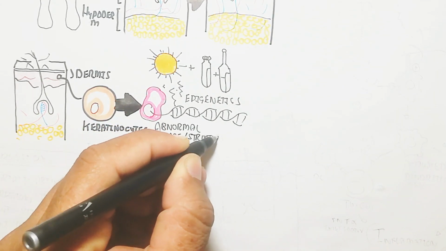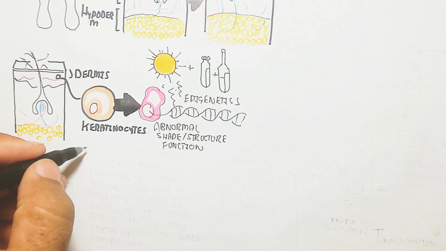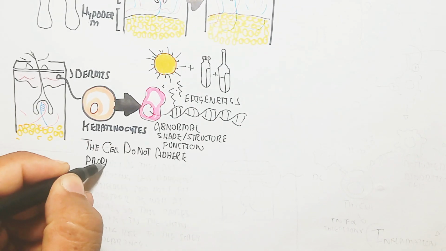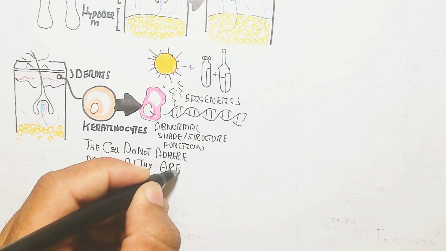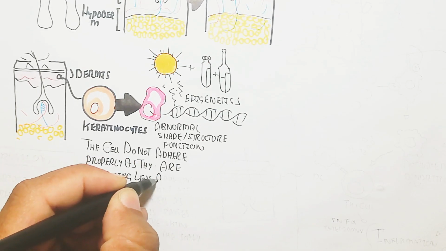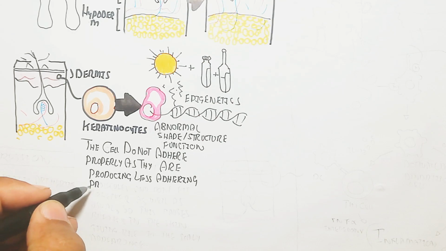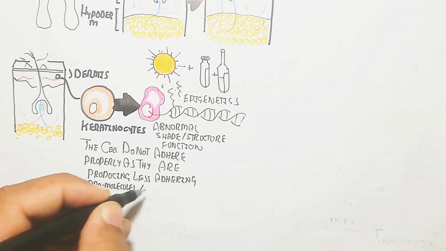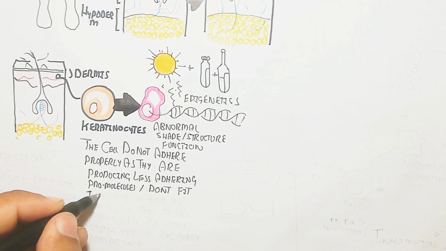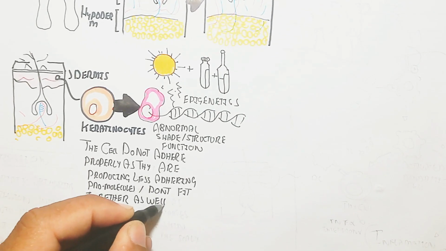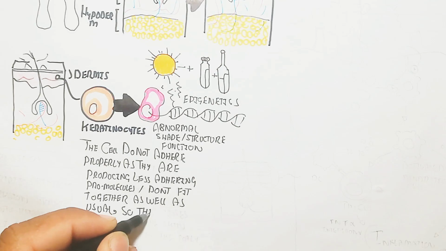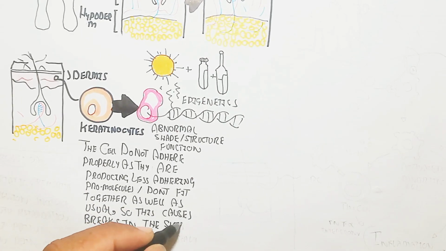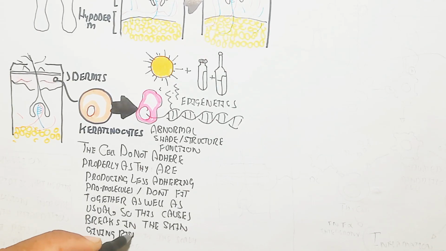The abnormal shape, structure and function of the cell are disrupted. The cells do not adhere properly as they produce fewer adhesion molecules, and the molecules do not fit together as well as usual. So this causes breaks in the skin, giving rise to the scaly appearance because the adhesive molecules do not function properly.